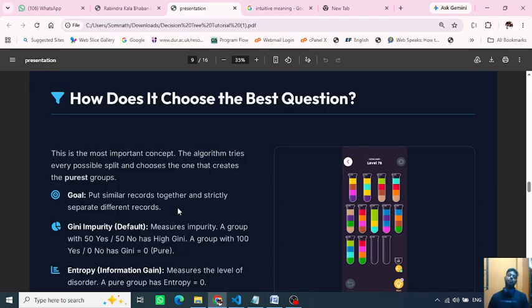The algorithm tries every possible split and chooses the one that creates the purest group. So the goal is to put similar records together and strictly separate different records. This is our goal.